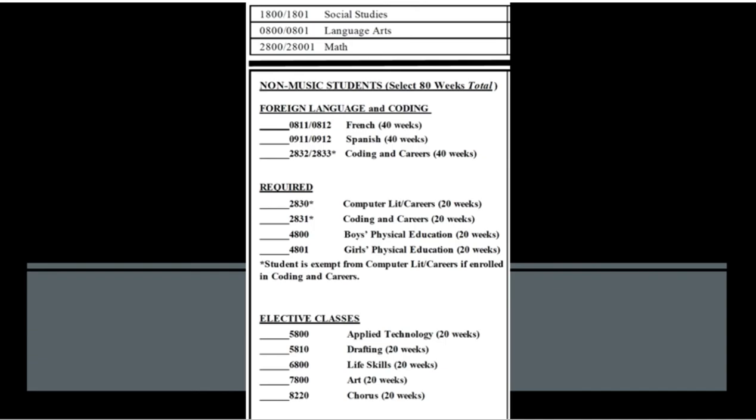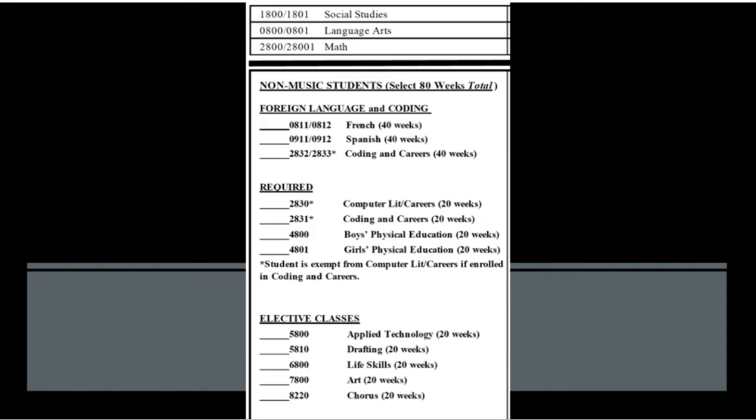You can make your selections at this time by putting a check mark by your class choices. Now remember, they need to add up to 80 weeks, and you must have some version of the career class checked. One final thing I would like you to do also, I would like you to select an alternate elective option, and you'll do that by putting the letter A on the line next to the class rather than a check mark.